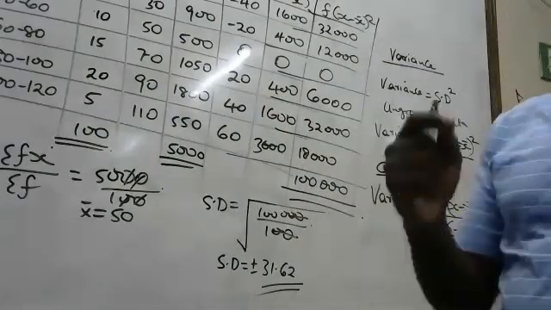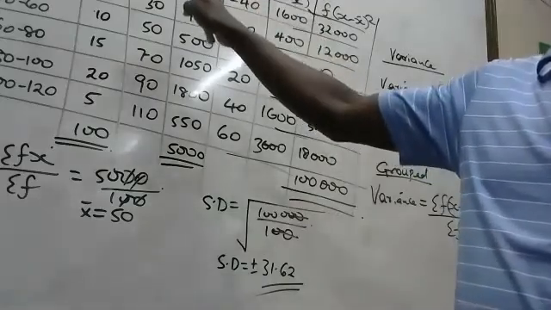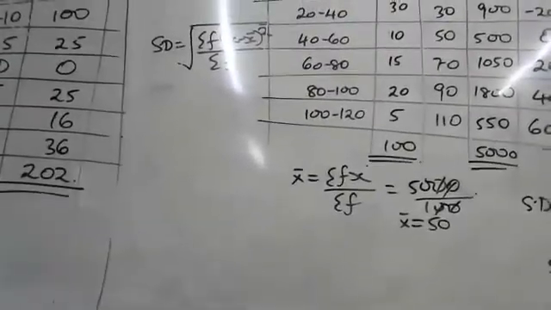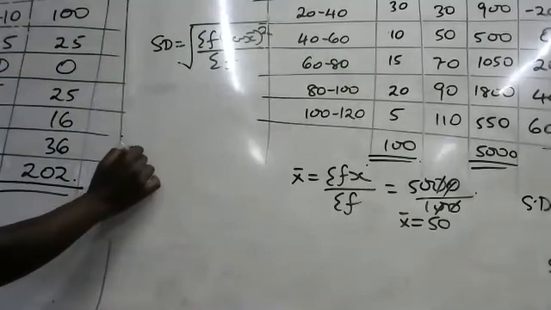And then another measure that is very related to this concept of standard deviation is when you are asked to calculate the coefficient of variation, or what we normally refer to as the CV.